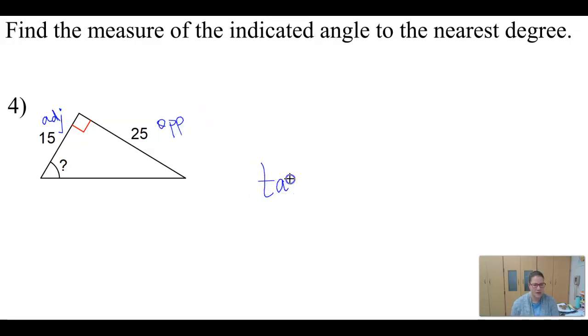So I will do tan of x equals opposite over adjacent, so it would be 25 over 15, which means the tan inverse of 25 over 15 is x.